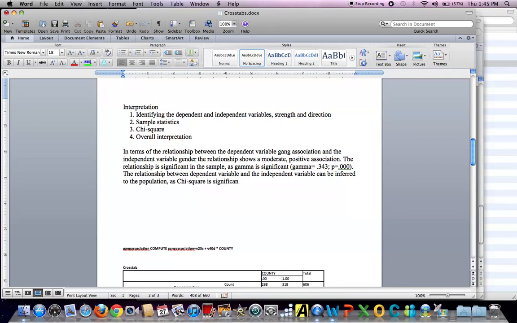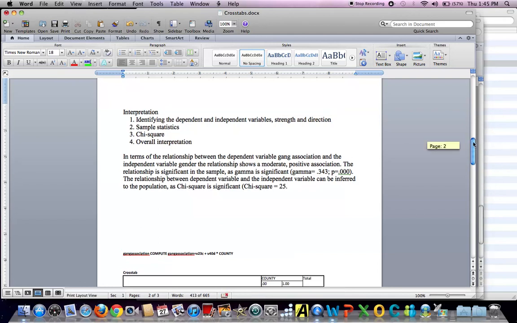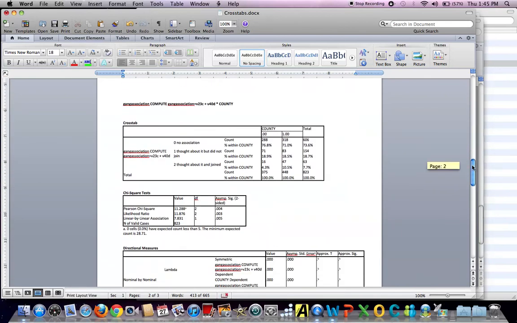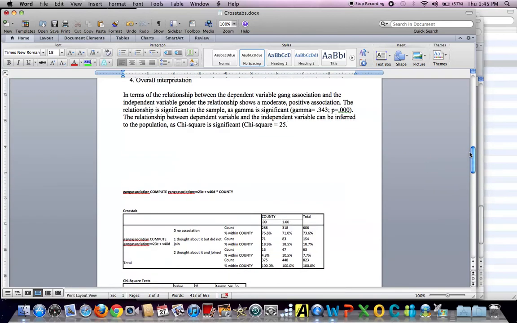And again, what is your evidence? Chi-square is equal to 25.700, and p is equal to 0.000.